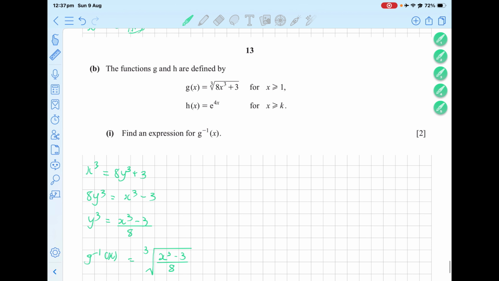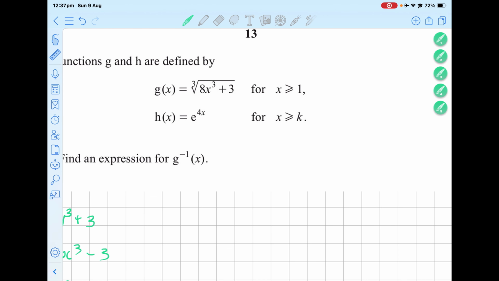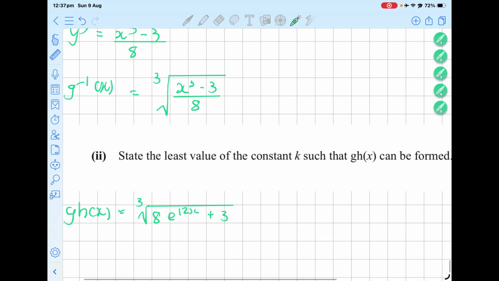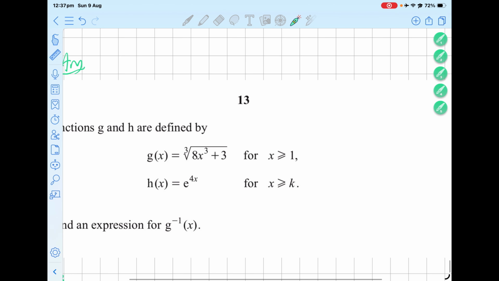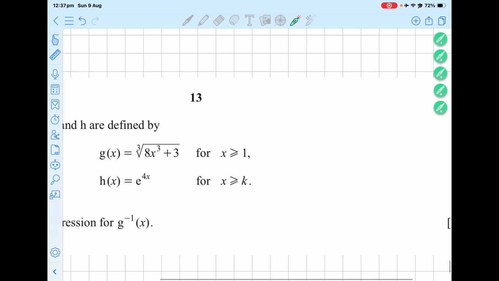So x could be literally anything, but for it to have an inverse, what is the curve of e to the power of x? This is the x-axis.